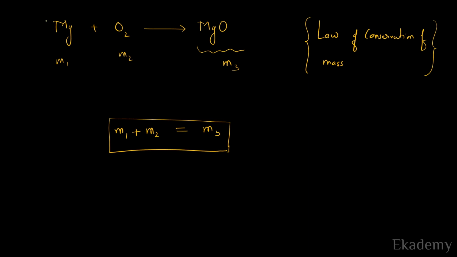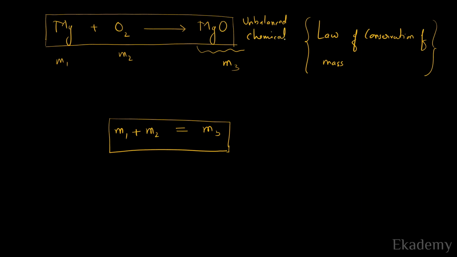So the chemical equation which is written in this form, where the total number of atoms on the left, in the reactant, is not equal to the total number of atoms in the product, such a type of equation is called an unbalanced chemical equation.